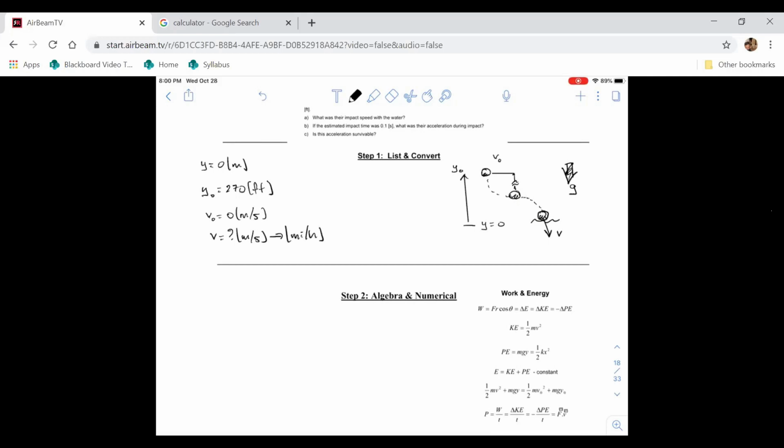Okay, so we got 270 feet. So I need a conversion for 270 feet. Okay, so it's 82.31 meters. That's what we got.